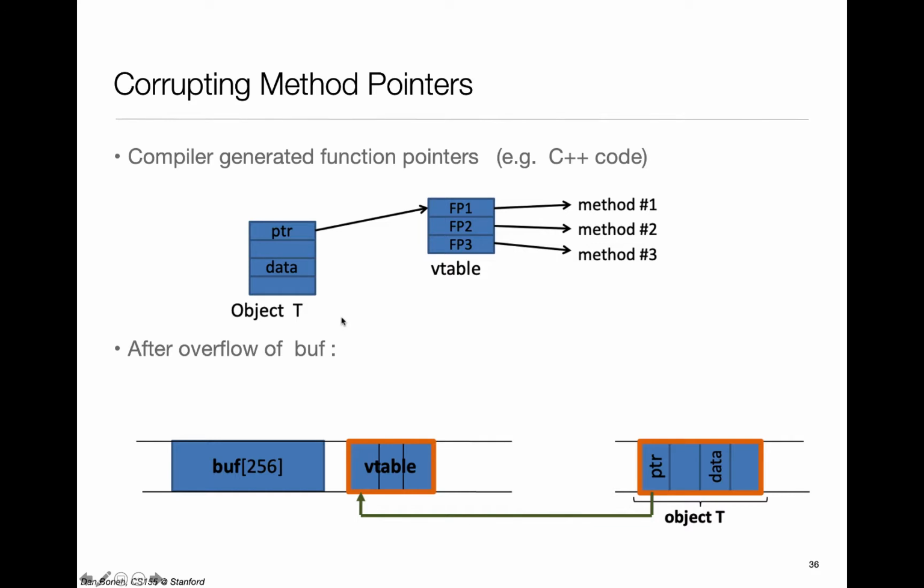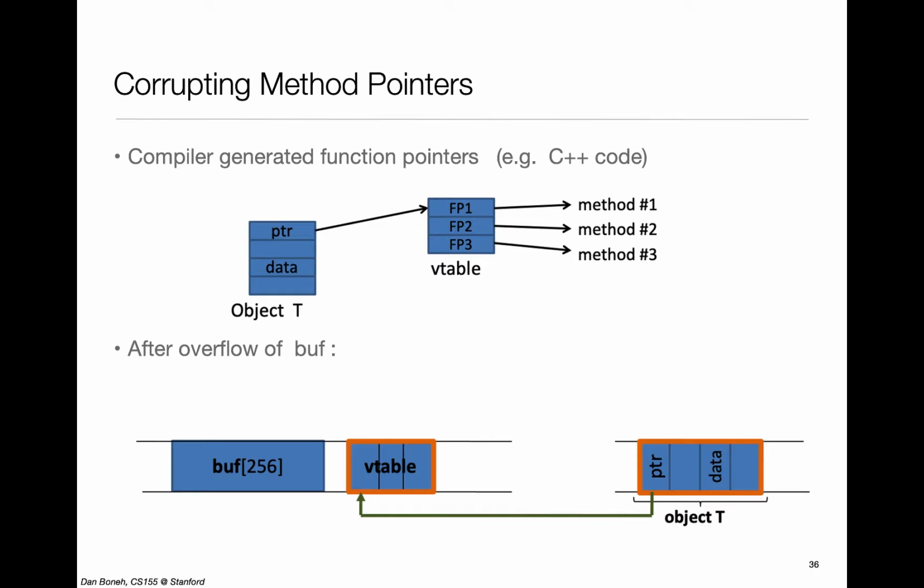So if we have some buffer in this data, then we could overflow this V table, and we could overflow the pointers that are pointing to it. So this is an example of how we could actually exploit the object-oriented structure of C++, where you have these method pointers being stored in these objects.